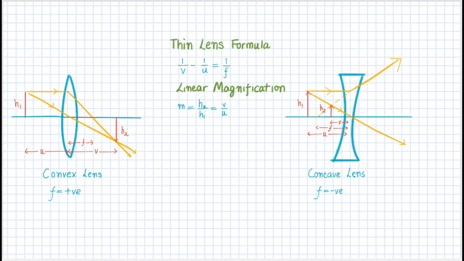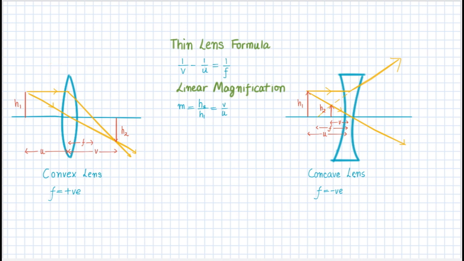This distance is your focal length for your convex lens. This distance is the focal length for your concave lens. One more thing to note is that for a convex lens, the focal length is positive, since it is measured in the direction of the incident light, which is from left to right.